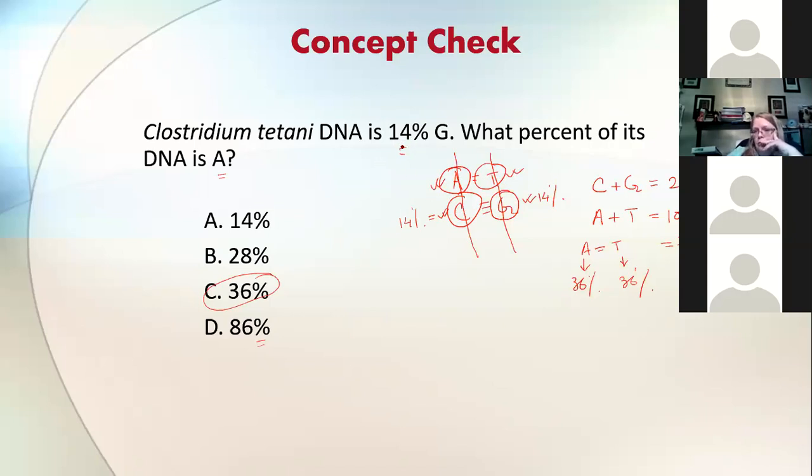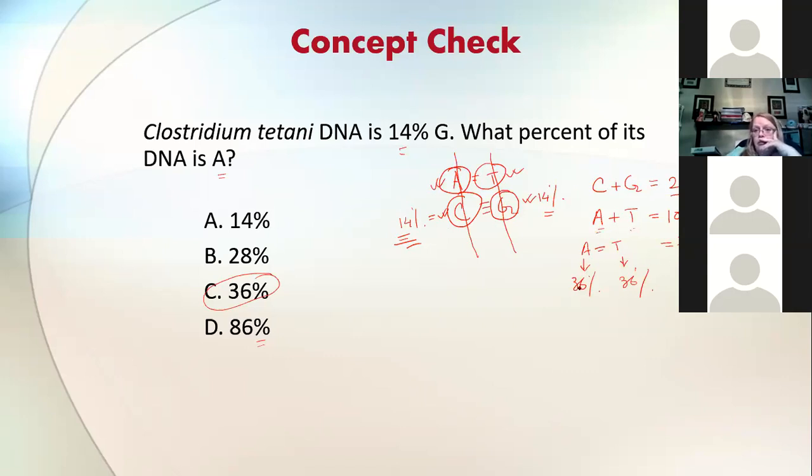So over here we see 14% guanine. 14% guanine means it has 14% cytosine also, right? So together, cytosine and guanine give me 14 plus 14, which is 28%. Now, if cytosine and guanine together have 28%, then we have 100 minus 28, which means 72% adenine plus thymine.